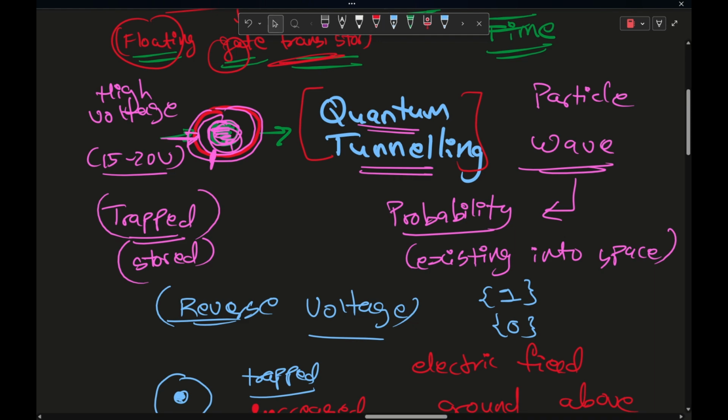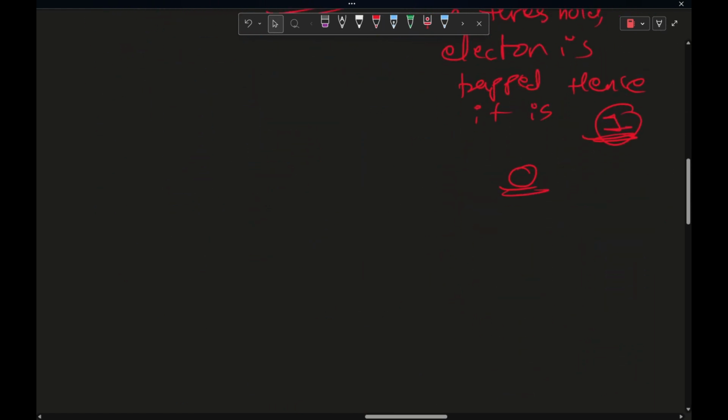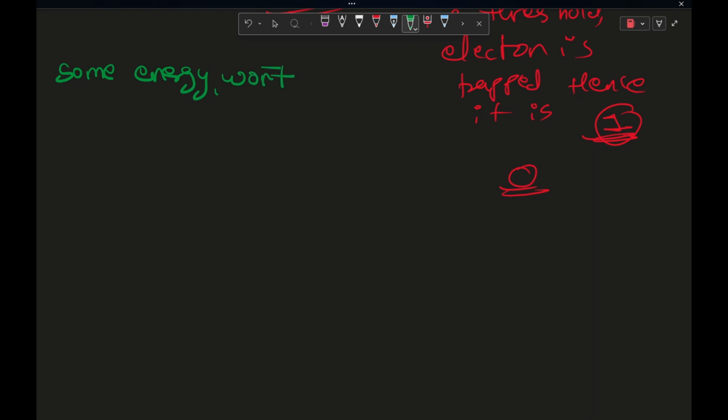And yeah, many of you might have a question in your mind: what if the electron is given some energy, won't it get excited and get removed from that conducting medium? This was the question that came into my mind, and when I searched about it, the answer is yes.